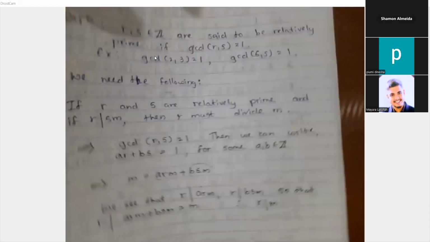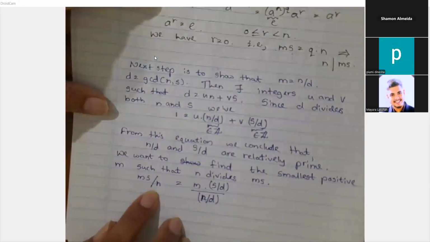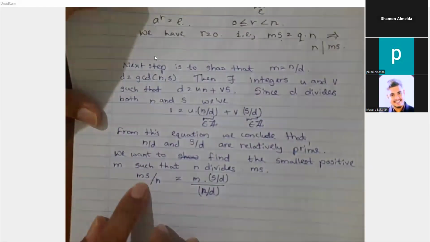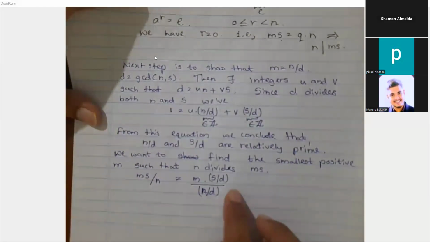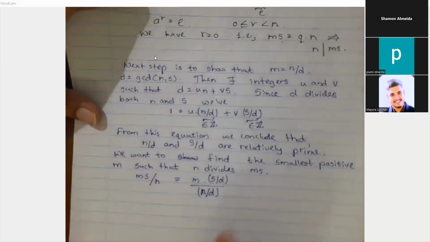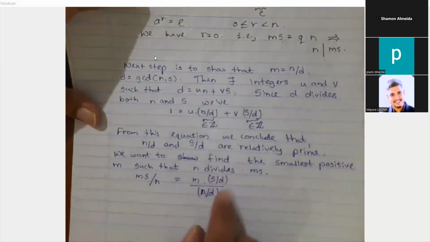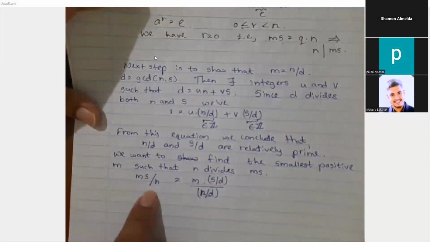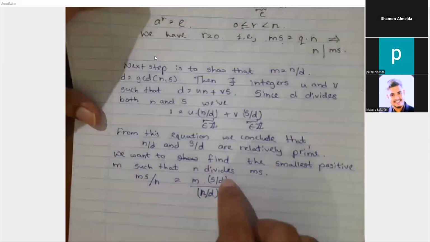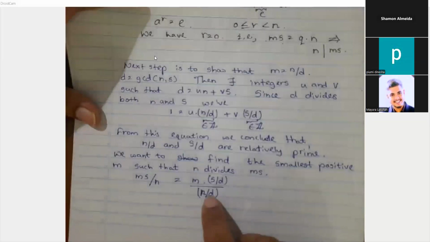Now coming back over here, ms is divisible by n. Because this is an integer, we manipulate the terms to get s over d and n over d. What you get over here is an integer because ms is divisible by n. Not only that, these two integers are relatively prime.